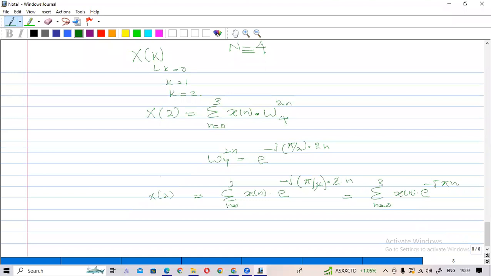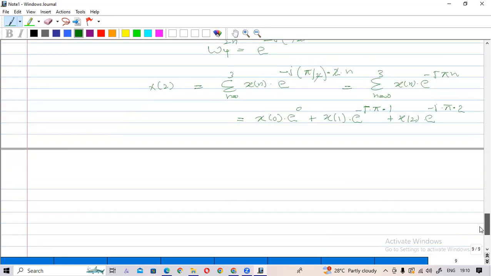Now you have to expand. How to expand? First, n is equal to 0: x0 e to the power minus j π times 0, so it will be e to the power 0, plus x1 e to the power minus jπ for n is equal to 1, plus x2 e to the power minus jπ for n is equal to 2, plus x3 e to the power minus jπ for n is equal to 3.